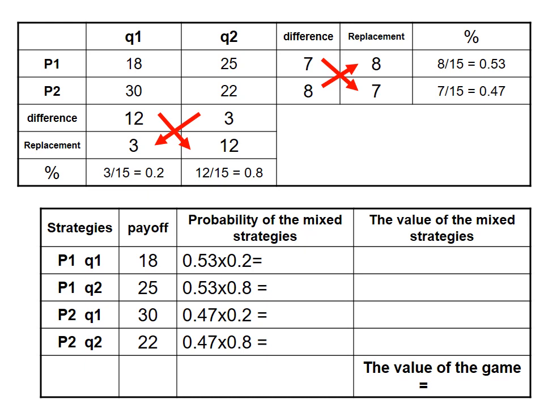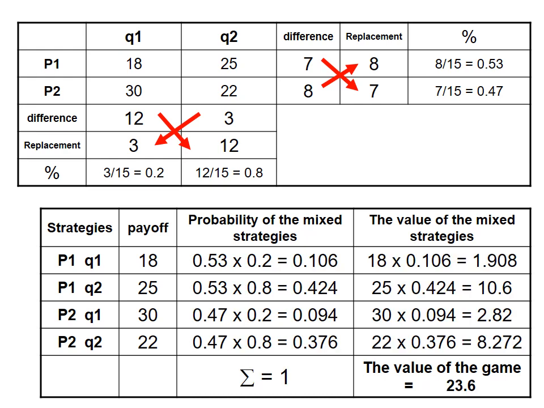Probability of the mixed strategy: we take B1, the probability of B1, the first row, is 0.53 times the probability of Q1, 0.2, which equals 0.106.